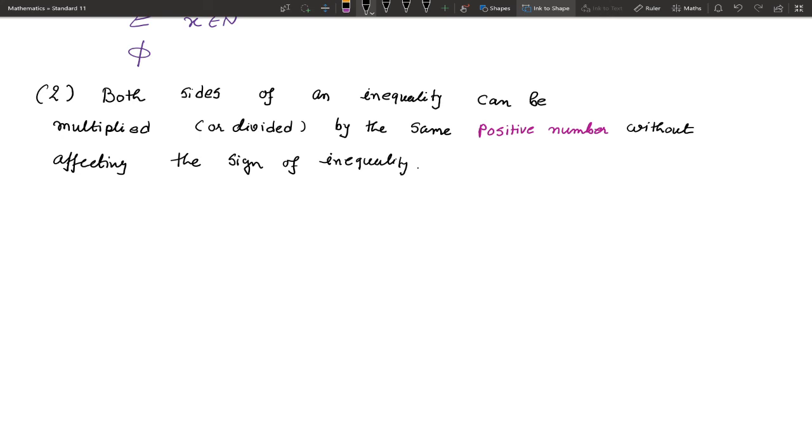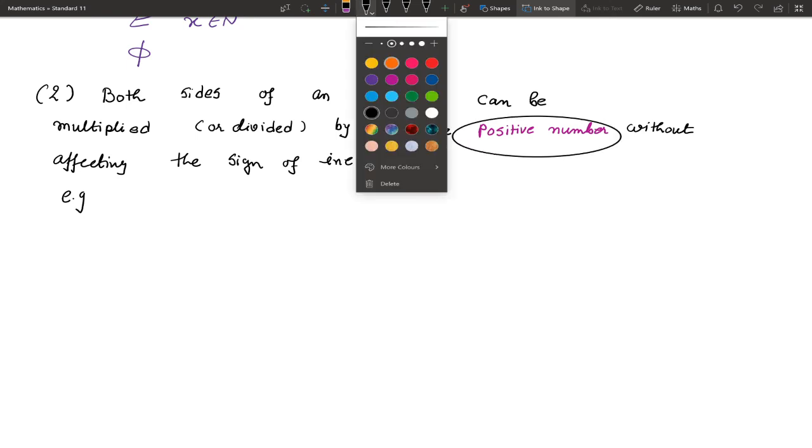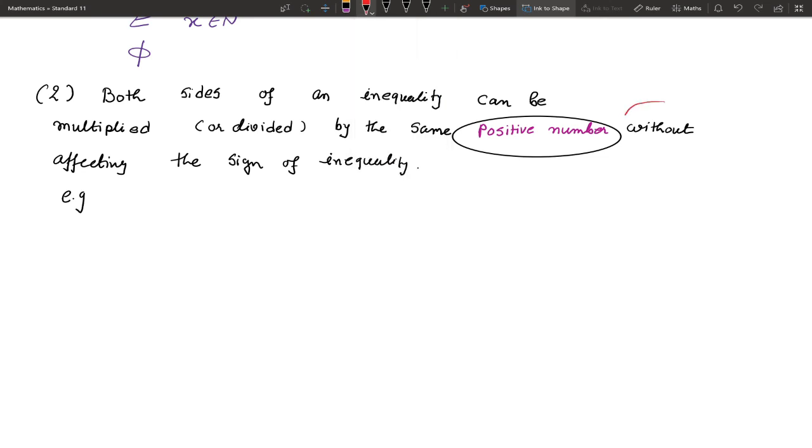For example, this principle says that both sides of an inequality can be multiplied or divided by the same positive number without affecting the sign of inequality. For example, 2x less than 3.